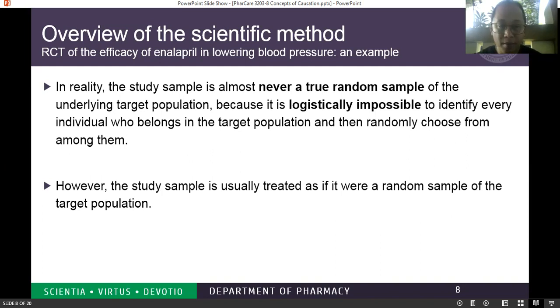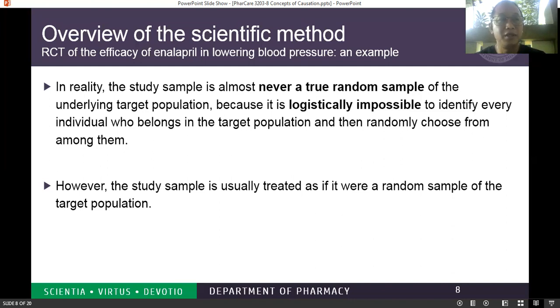So usually the study sample is treated as if it were a random sample of the target population. When we want to do an RCT in Cebu City, we will recruit the participants by opening an advertisement.